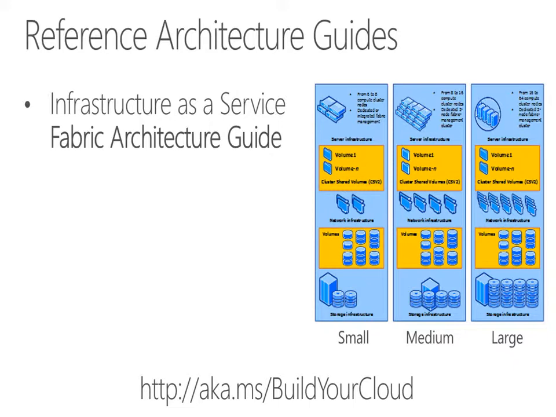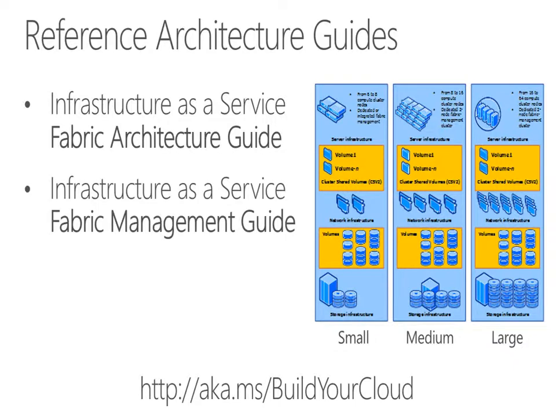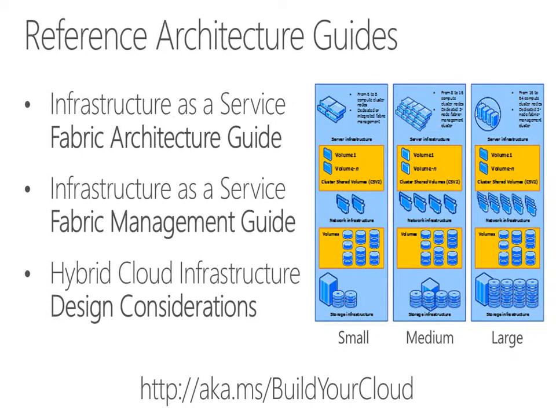So there's a few reference architecture guides in particular that you'll find helpful. There's an infrastructure as a service fabric architecture guide for helping to plan the initial provisioning of that private cloud environment. There's an infrastructure as a service fabric management guide for helping to plan out how you're going to manage your private cloud fabric.